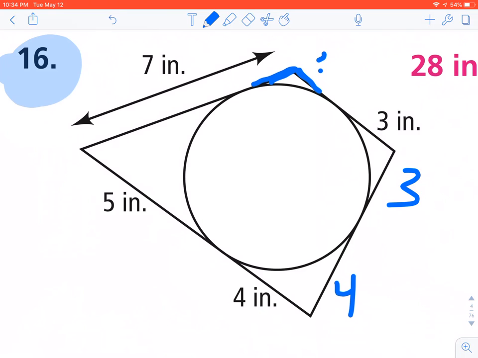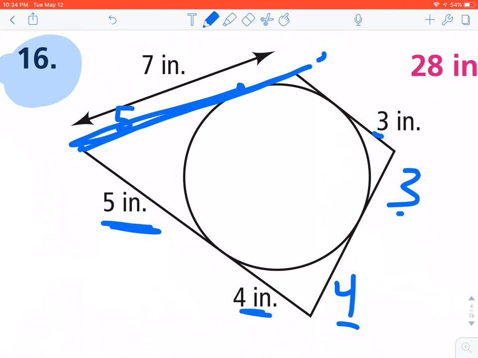Okay, so what I do is I know that this and this are 4, this and this are 3. If this is 5, that tells me that from here to here is 5. Well, if the whole leg or the whole piece is 7, then this little piece remaining is 2, because 7 subtract 5 leaves me with 2. If that's 2, then this piece over here is also 2.